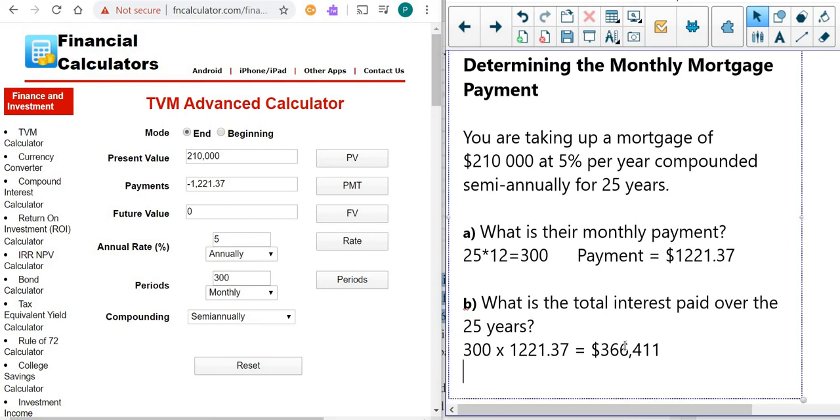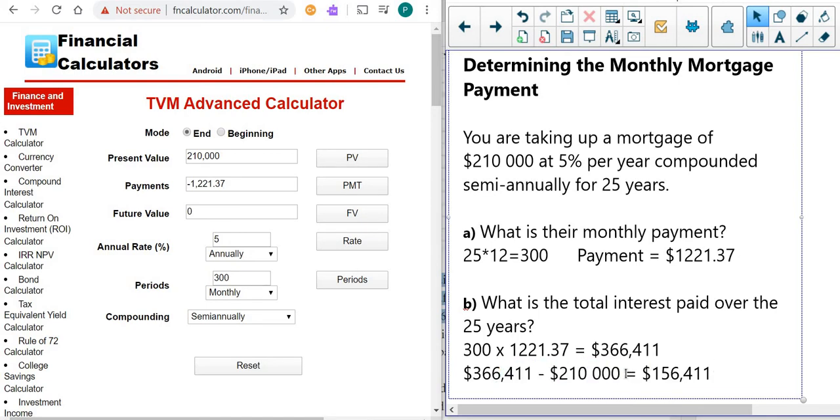Well, we'll take this amount and subtract it from our principal amount. That's the initial amount. We'll take that, subtract it, and we'll get, so there we go. We have interest paid of $156,411 for 25 years.